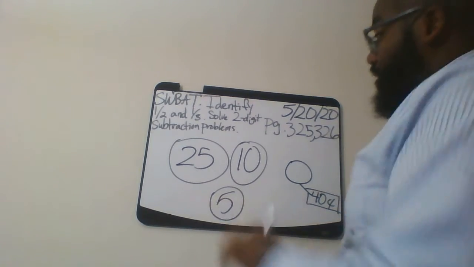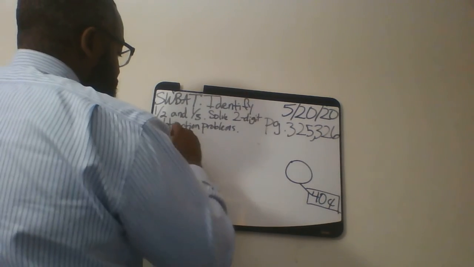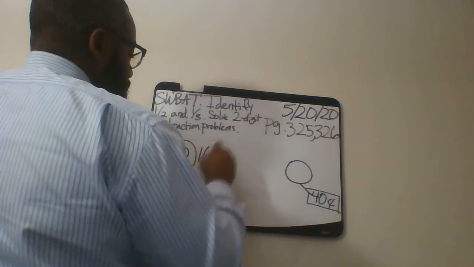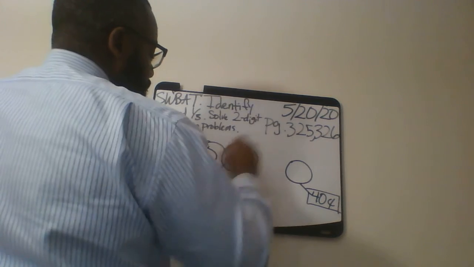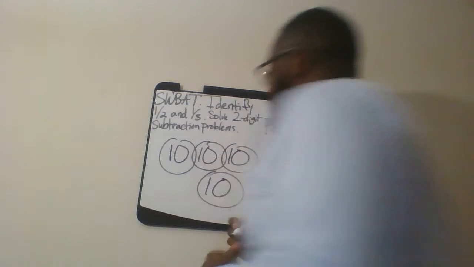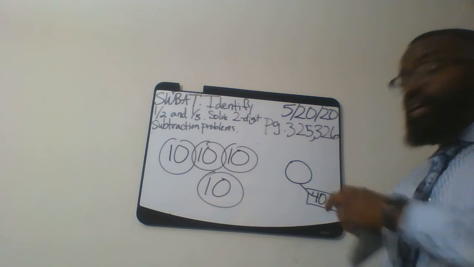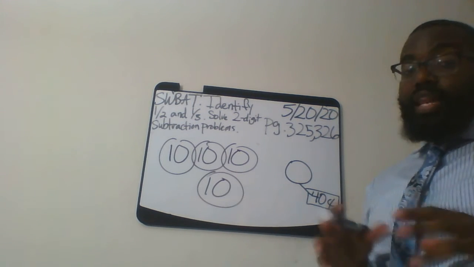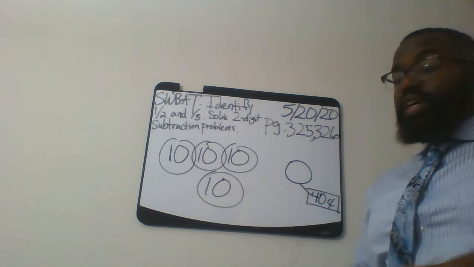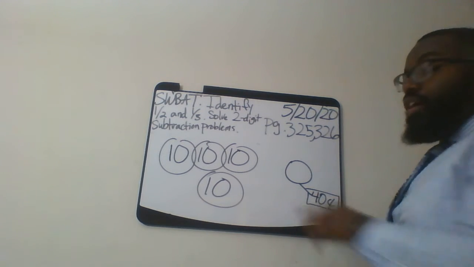However, if you didn't want to use a quarter, a dime, and a nickel, I can just simply use dimes, because all I need is 40 cents. And 4 dimes, we count by 10s: 10, 20, 30, 40. That'll give 40 cents. So you can use any amount of coins you want, as long as it equals the amount that they are asking for.